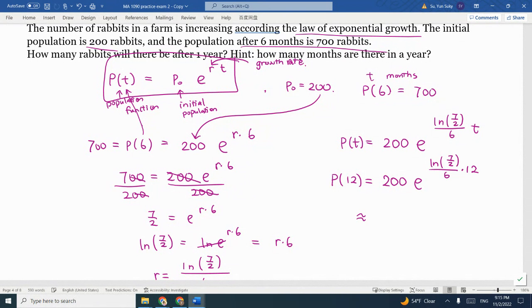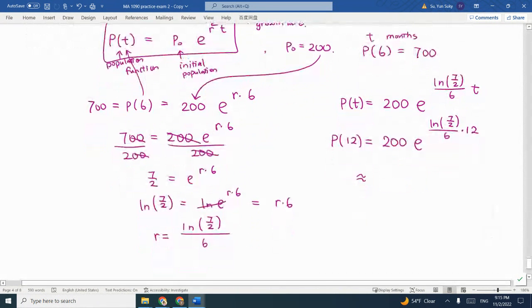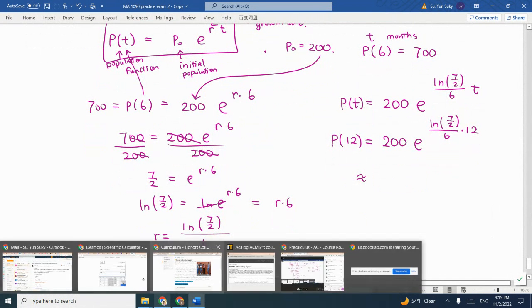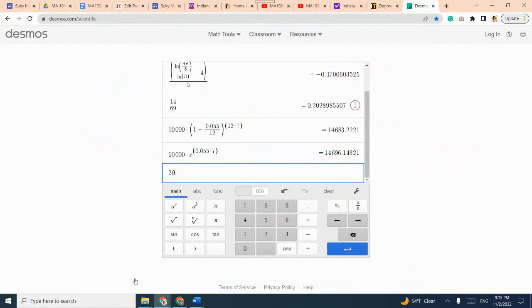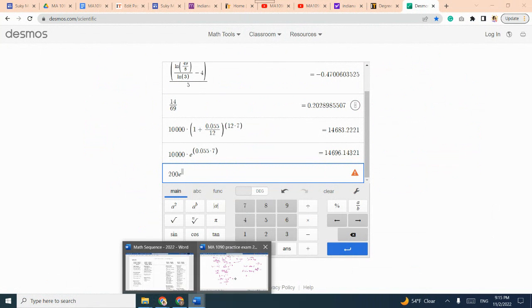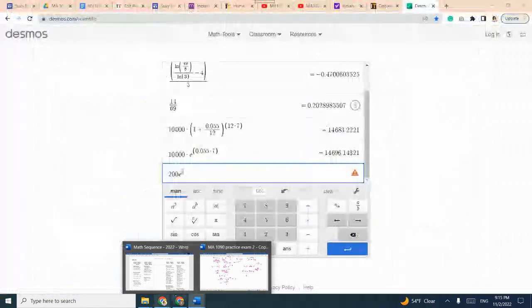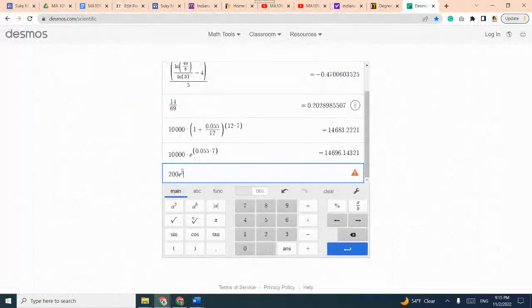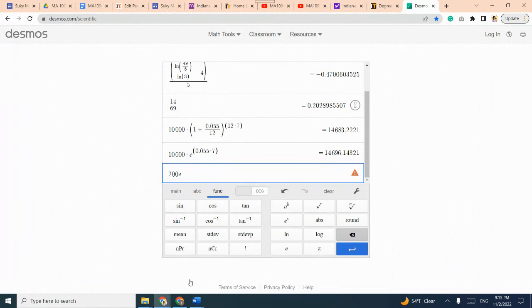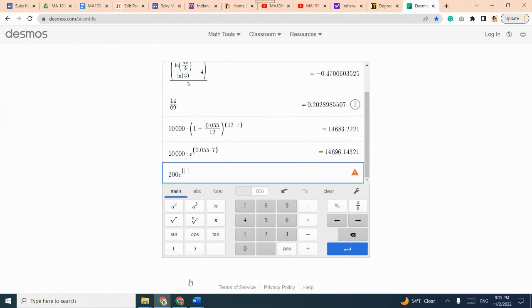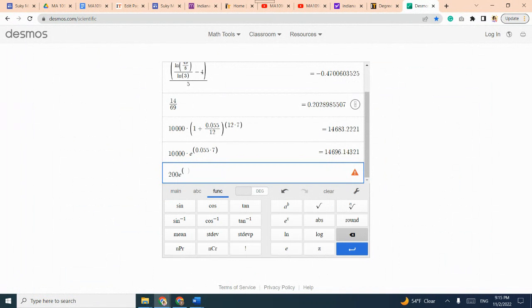Okay, plug this in your calculator and make sure you put the parentheses in the correct spots. So we put 200 times e to the, let's see, ln 7 over 2. Let me put the parentheses first because there are a lot of things inside the ln.